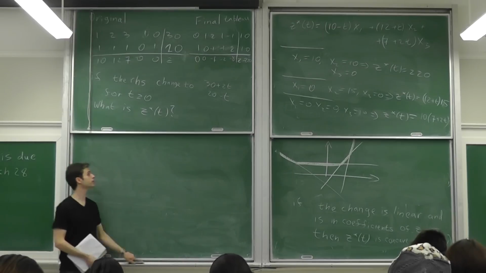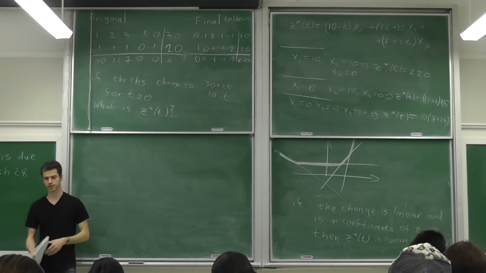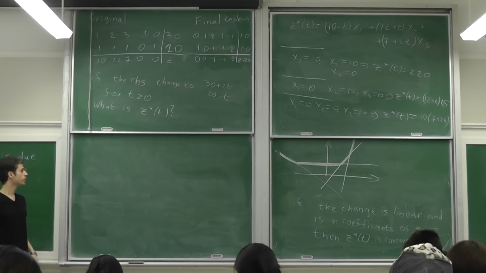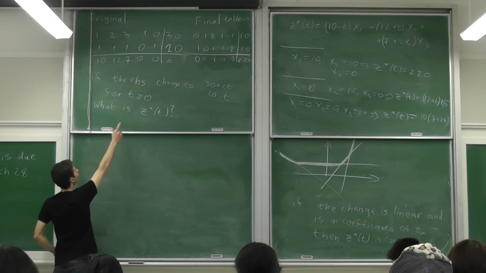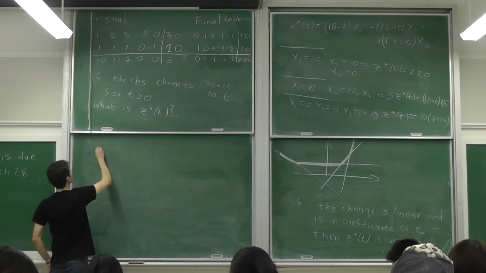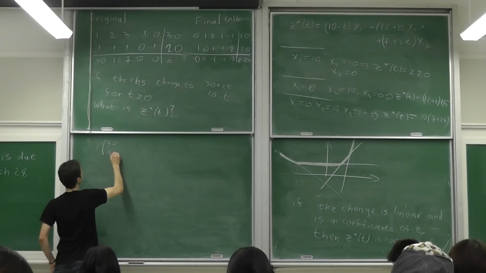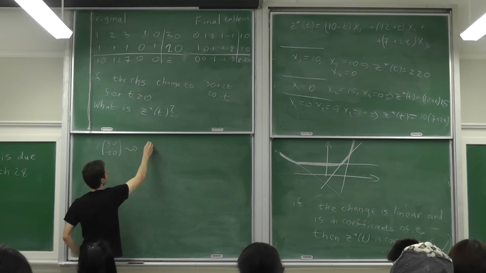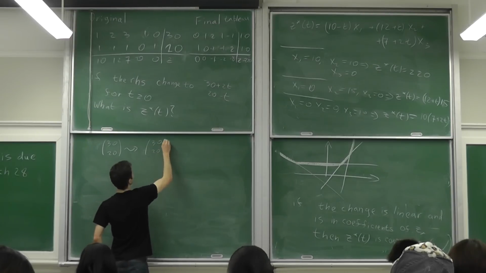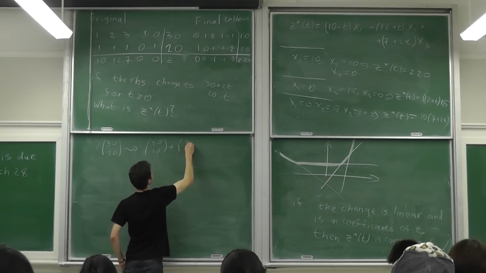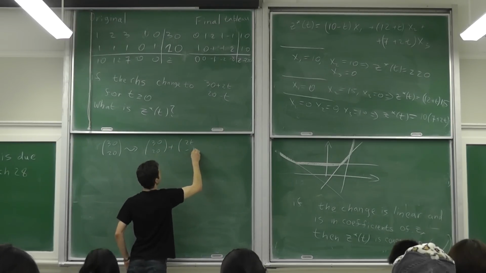Okay, let's see what happens to the right hand side. What happens is my right hand side gets changed from 30, 20 to 30, 20 plus 2t minus t.